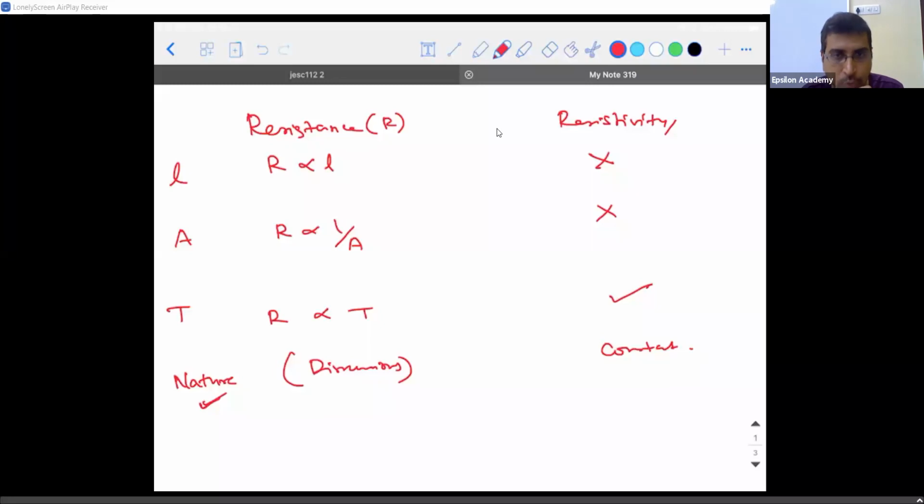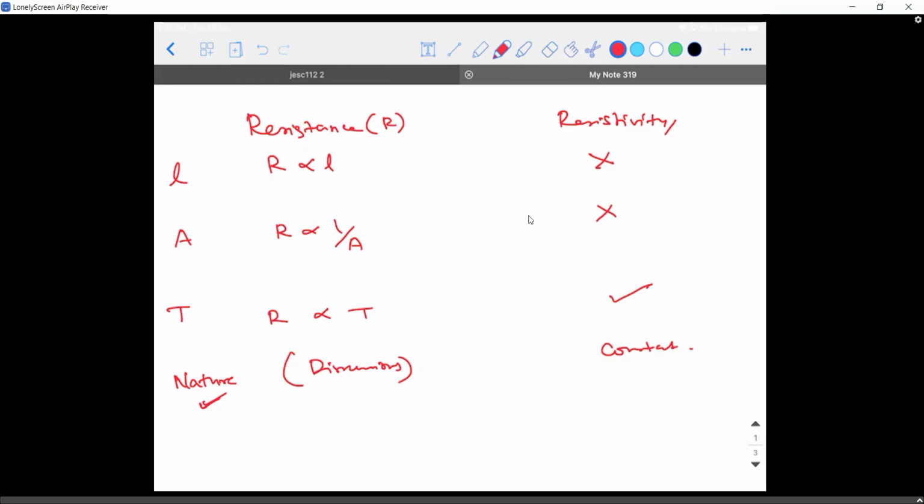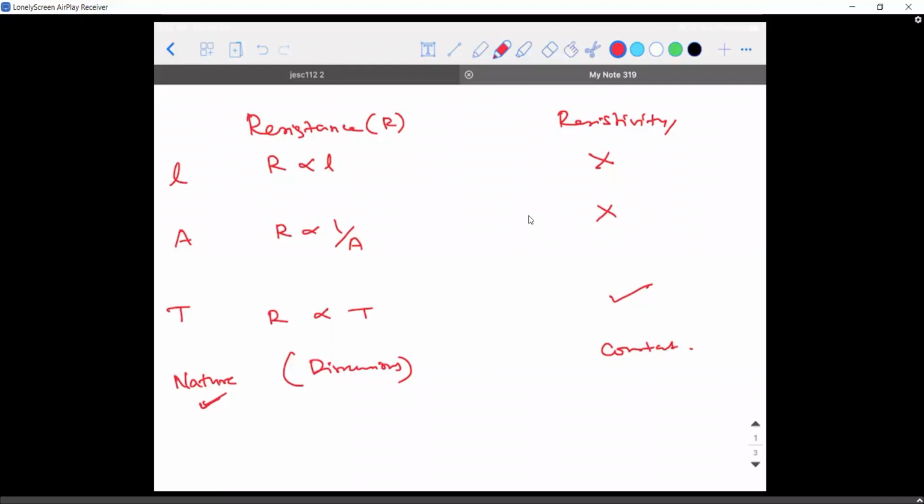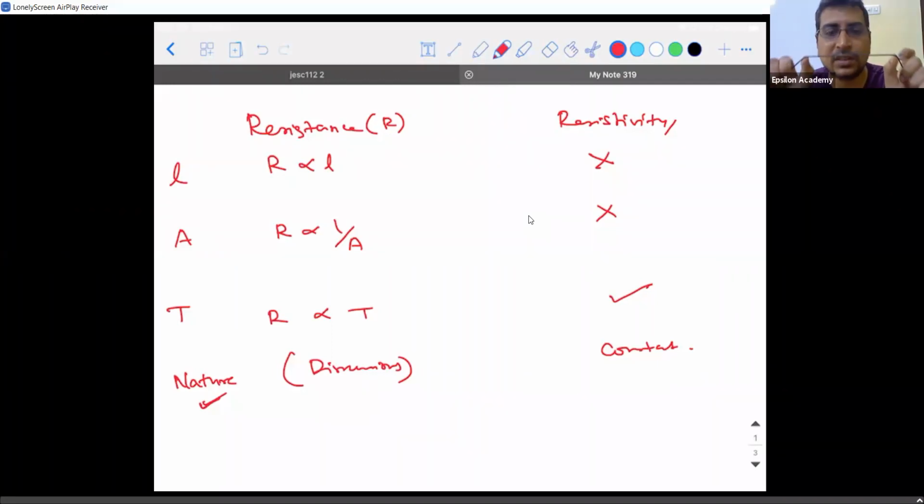I'll tell you that, that's what I'm trying to explain. You have to wait for me to complete it. So what wire is this? Copper wire. Between both the fingers, I have a length, right? If I change this length from here to here, what do you think will happen to resistivity of this conductor?